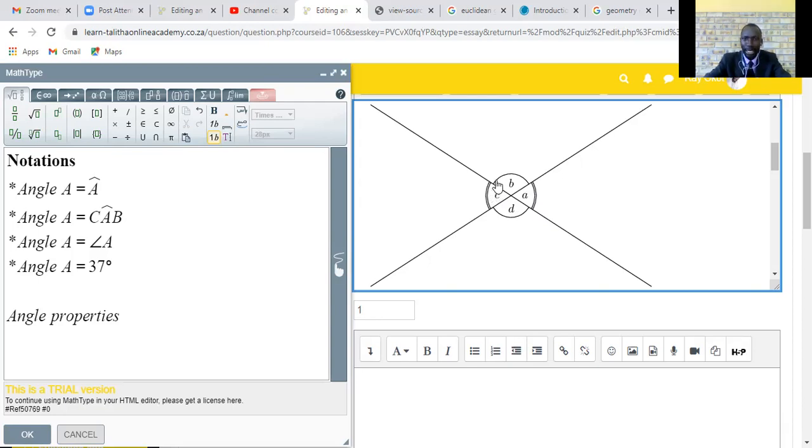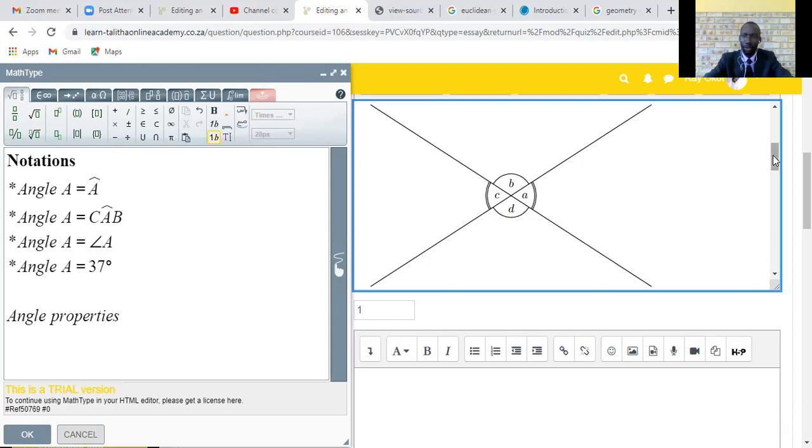Also notice that the line indicating the measure of angle B is related to the line indicating the measure of angle D, because we have one line here and one line there. That means B and D are also related in a very special way.